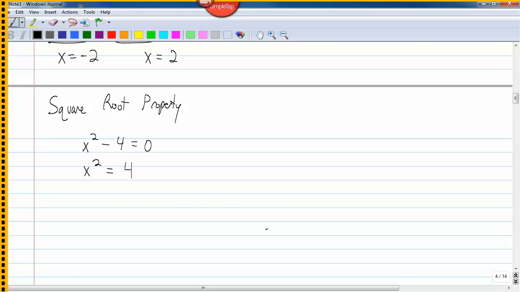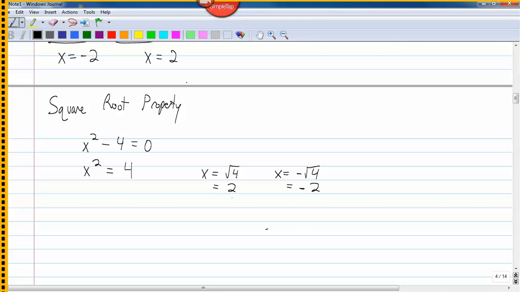That's going to have the answers x equals the square root of 4 and x equals the negative square root of 4. Now we all know, hopefully, that the square root of 4 is 2. And so the negative square root of 4 would be negative 2. Alright, so you get the same two answers, as you should.